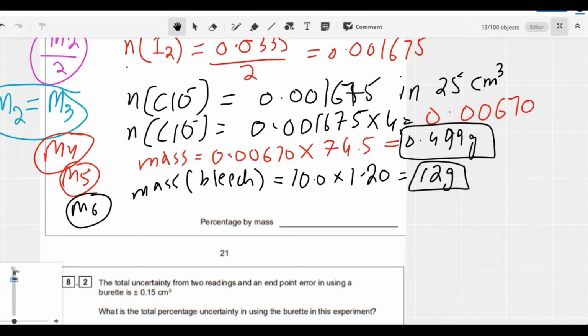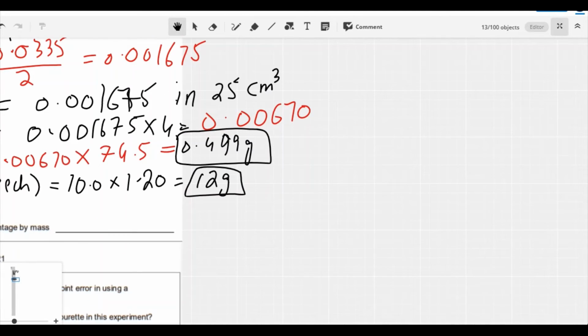Okay, now as you know, the percentage will equal the mass of the sodium chlorate divided by the total bleach mass, times 100.